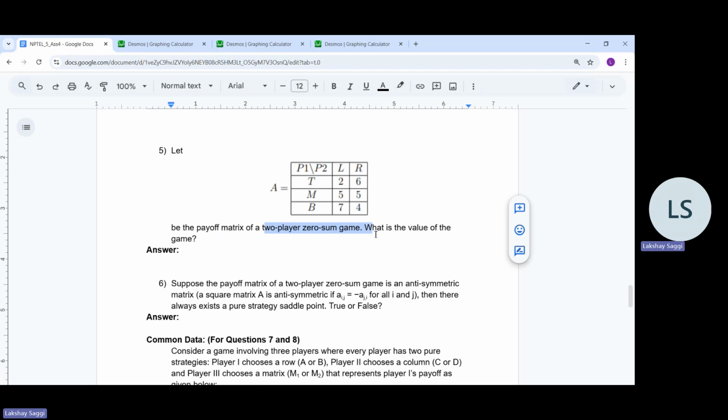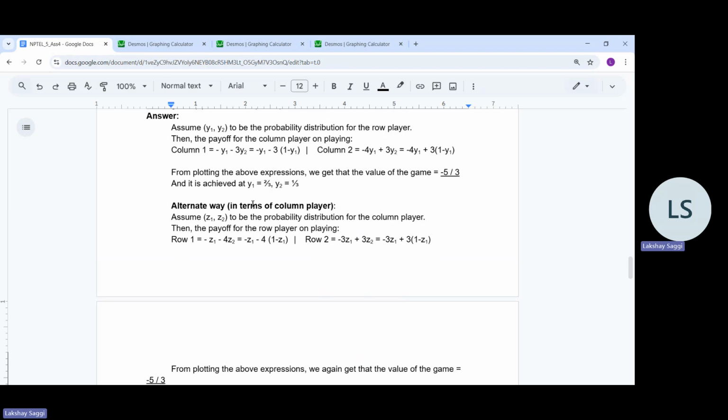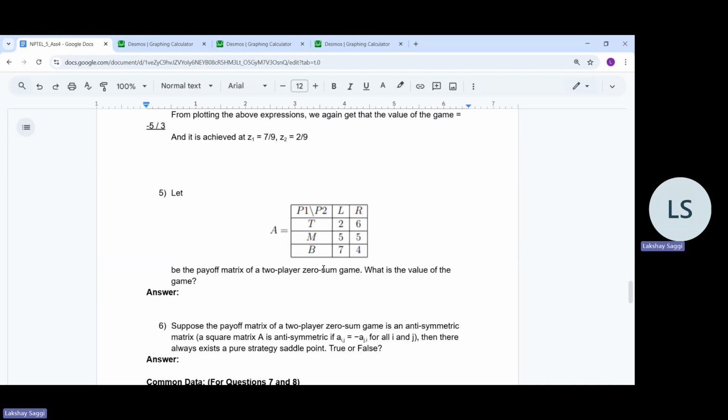Now we want to find the value of the game here. Note that we are just asked about the value of the game. In the previous question I tried to find the probability distribution also, but here we'll just focus on finding the values, because we have already discussed how to find the probability distribution.